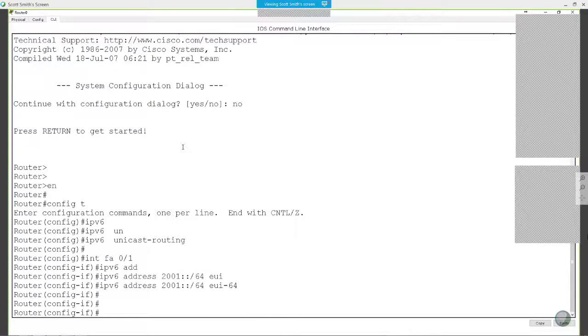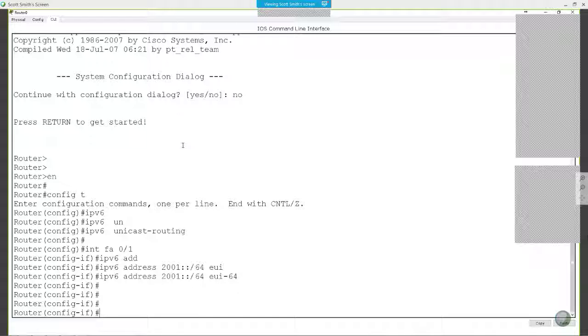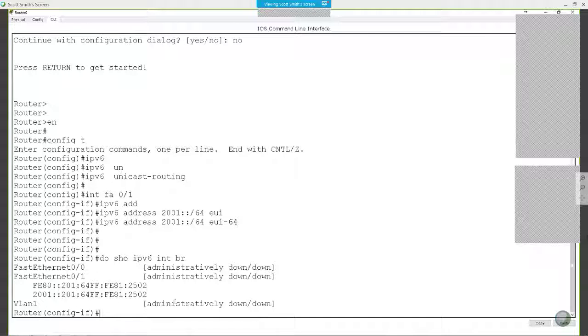Now I could assign the address statically on the interface, and that's usually what I'm going to do in most cases. But what I've told the router to do in this case is use this as the network ID, which by the way is 2001:0000:0000:0000. That's the first 64 bits, right? And use the EUI64 process to assign the host address. So if I do a show IPv6 interface brief, you can see that the address became this.